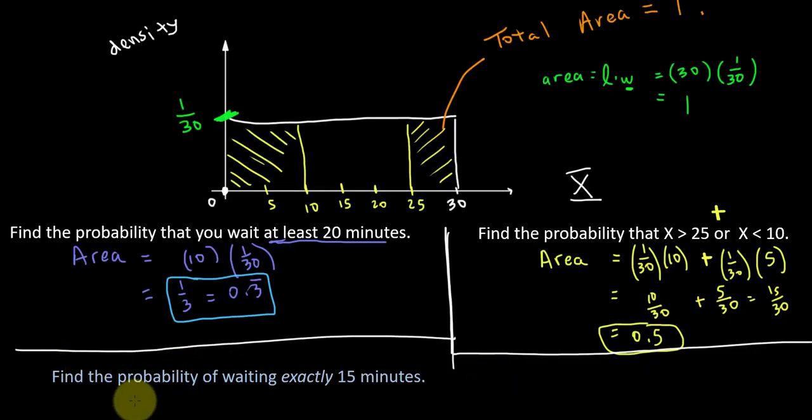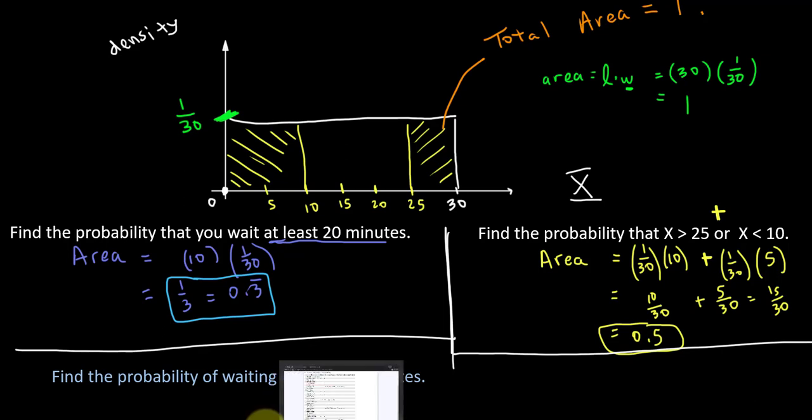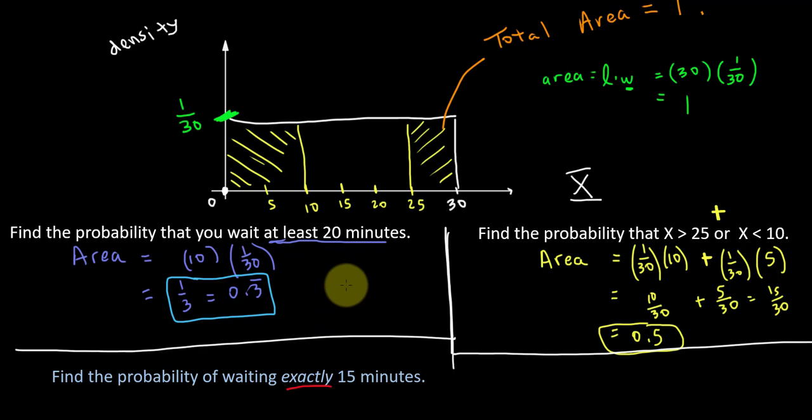Okay, I've scrolled down a couple clicks. Let's find the probability of waiting exactly 15 minutes. Exactly 15 minutes. Okay, area, that's the jam. I'm going to try to represent this. 15 minutes. I'm using red. There's nothing really to shade there, is it?